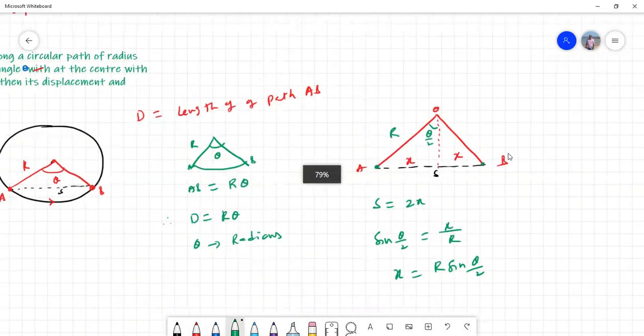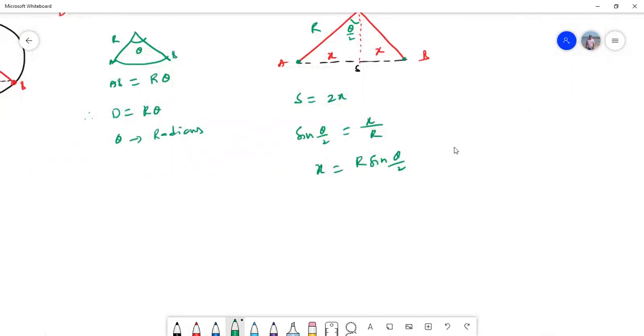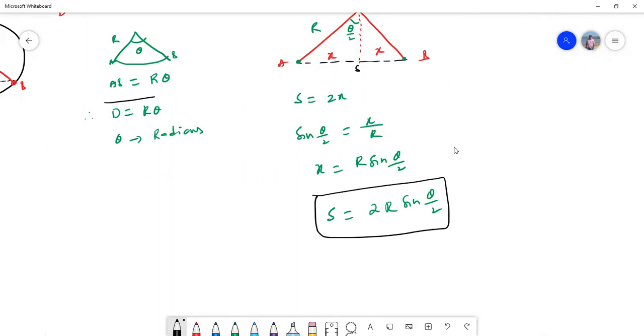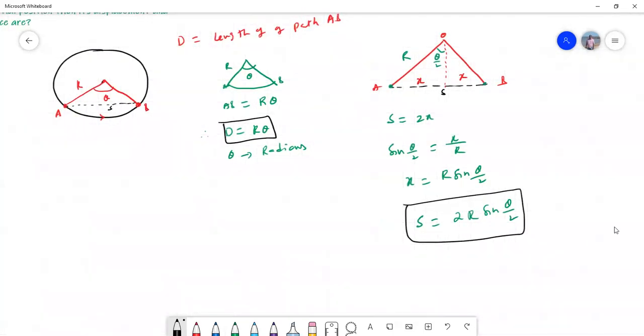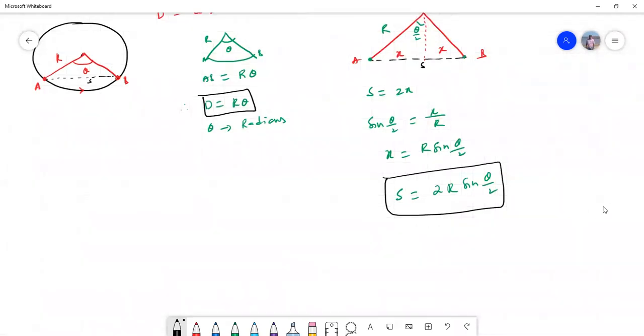Now we got the x value, so we can substitute for displacement. Displacement is equal to 2r sine theta by 2. Distance is r theta, but as I told you in the beginning, theta should be in radians. So we can apply this formula for any situation you want.